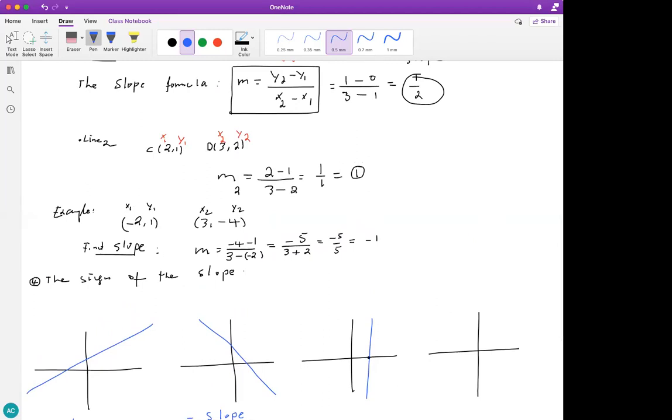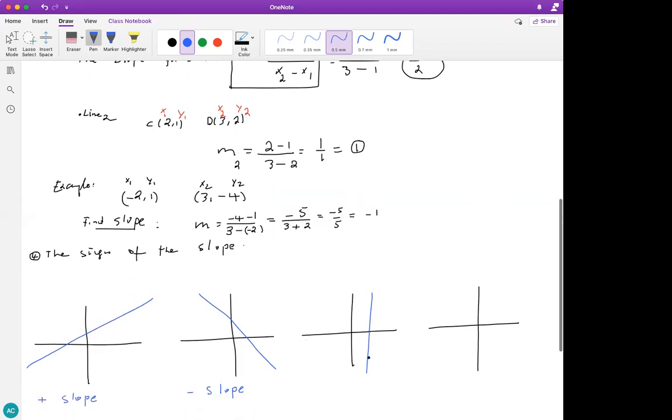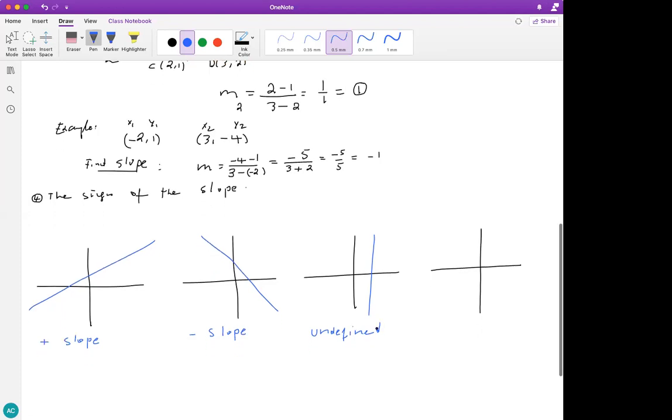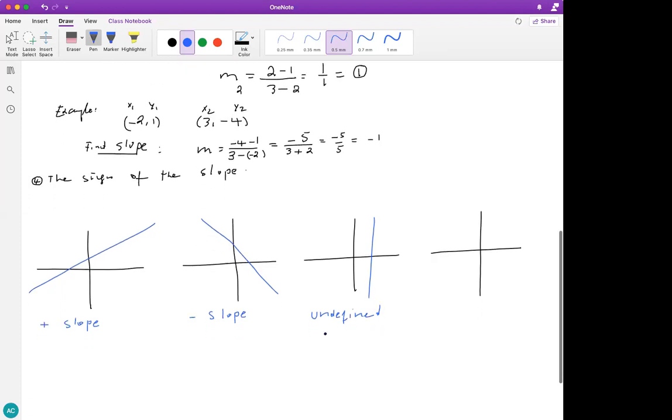In this case, when the line is like this, the slope is undefined. You don't have to do any math. If you do the math, you will find an undefined value. I'll explain that later.